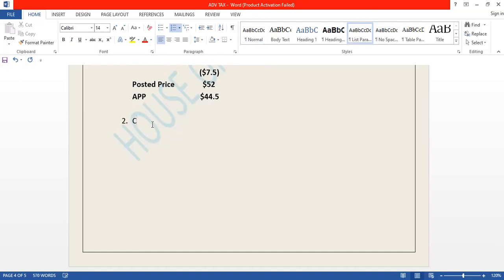So we have chargeable value of gas. We've calculated the one of crude oil.